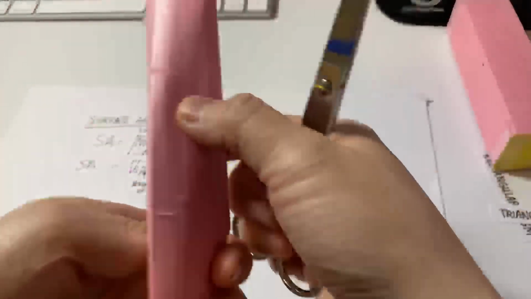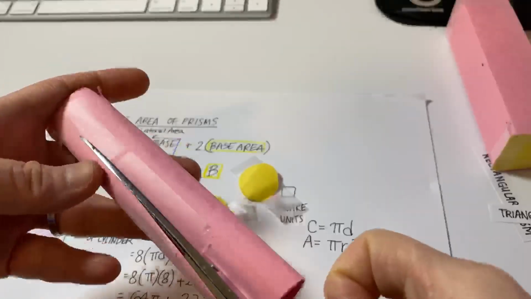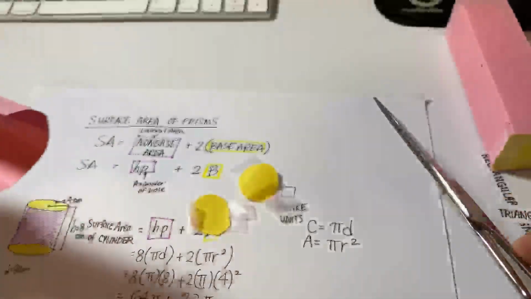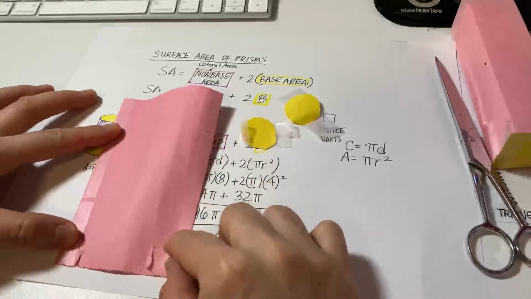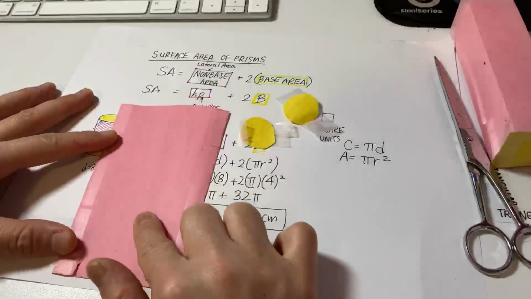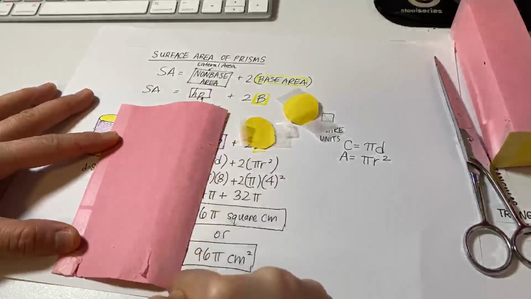Now, if I were to cut this cylinder apart, because right now non-base area is the pink portion here, I want to find the non-base area, which is this thing here. Well, remember I told you H was the distance between the two bases?